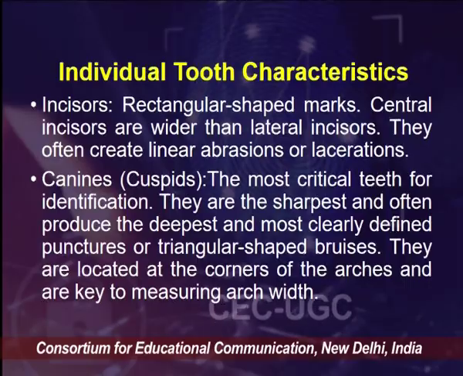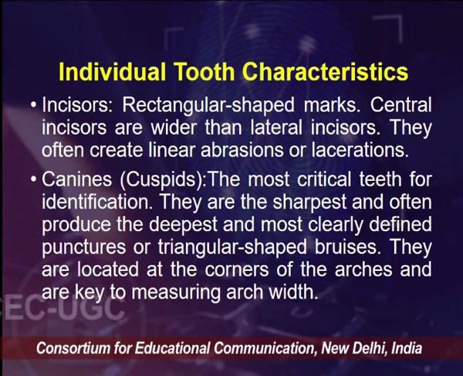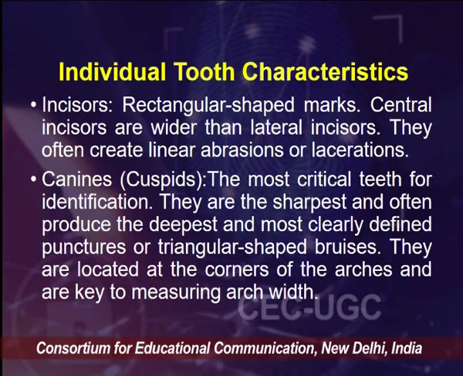They are the most critical teeth for identification because the canines are the sharpest and produce the deepest and most clearly defined punctures, or usually triangular shaped bruises. These canines are located after the lateral incisors, at the corners of the arches, and are the teeth key to measuring the arch width.